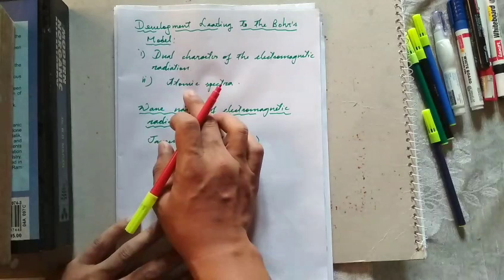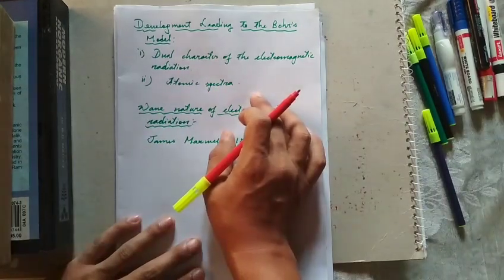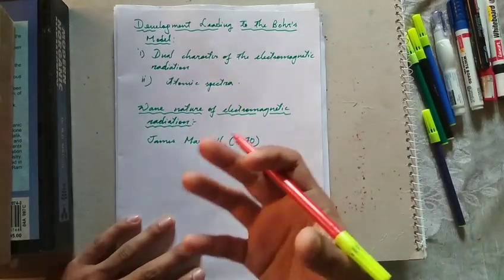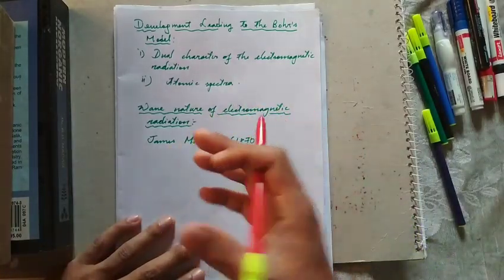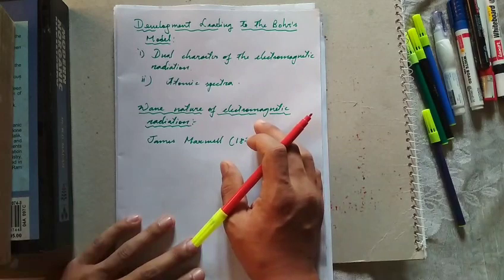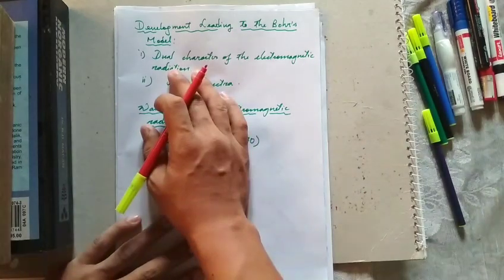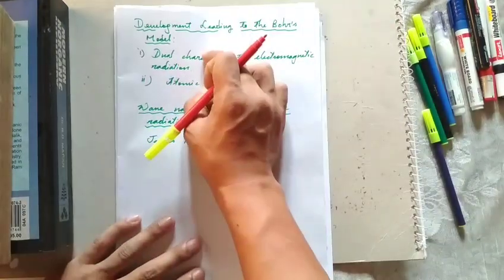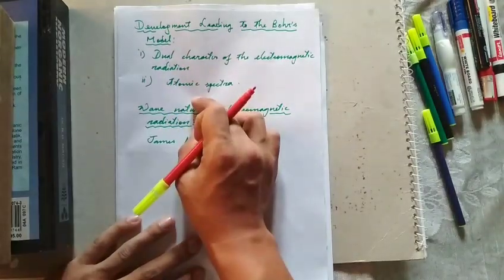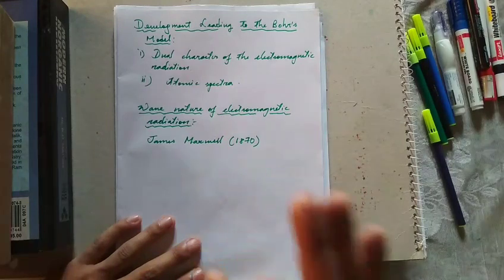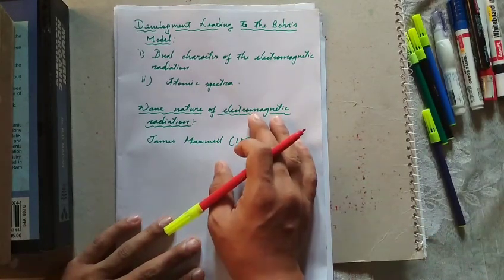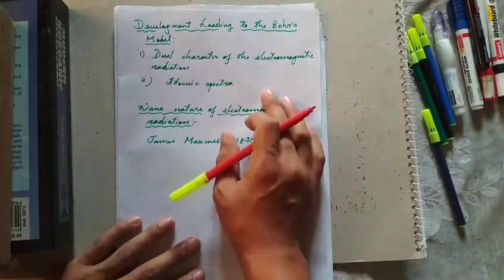And then atomic spectra. So every element exhibits its own spectra or color in the electromagnetic spectrum. So these two developments, or these two discoveries, lead to the Bohr model.